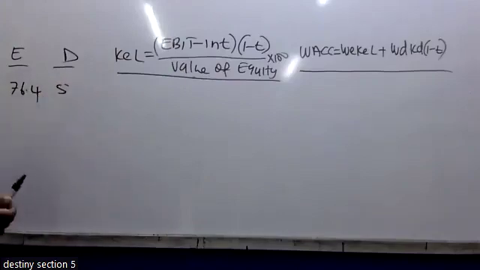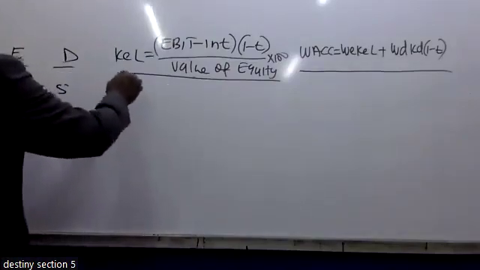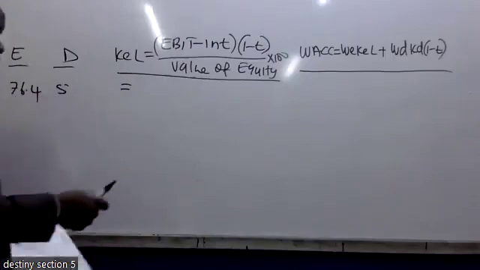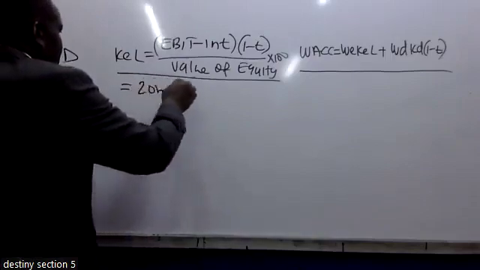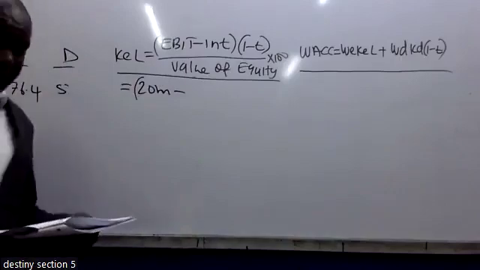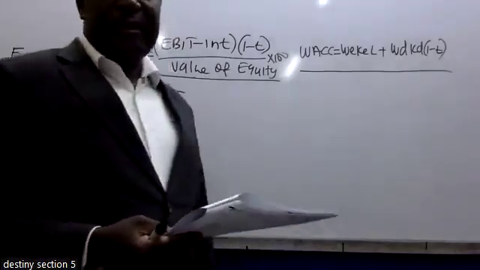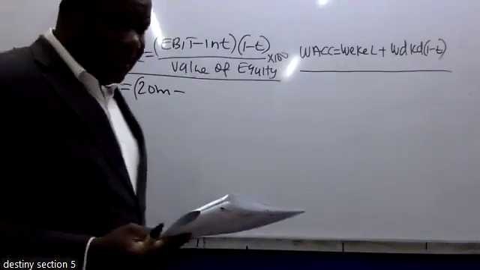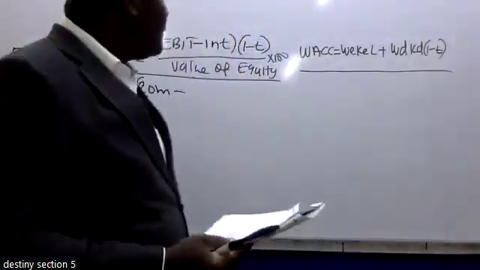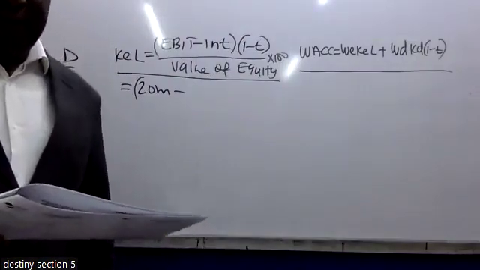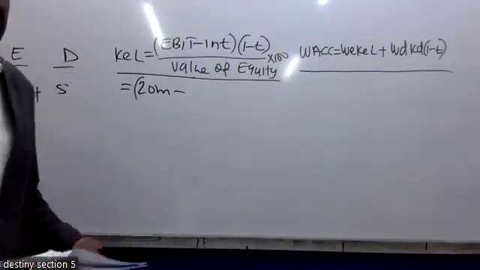So now I'm simply using this formula to get KEL. So KEL, earnings before interest and tax, it will remain 20 million. Then to get interest for the second one, you see the debt is 5 million. Pre-tax cost of the debt was given as 6%. So what is 6% of 5 million? 0.3 million.